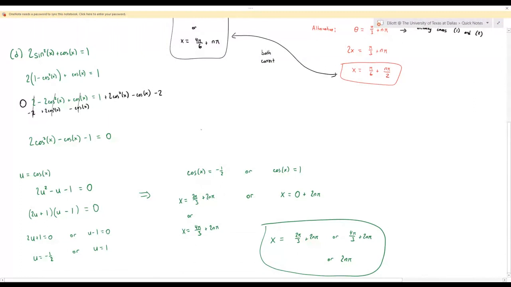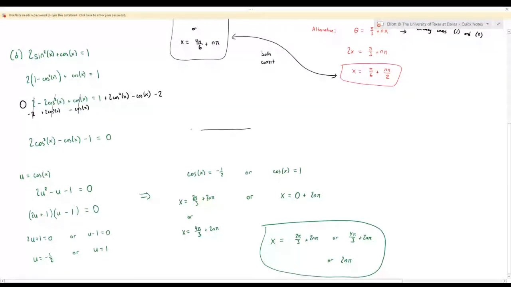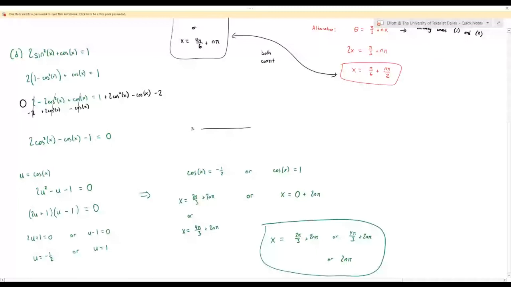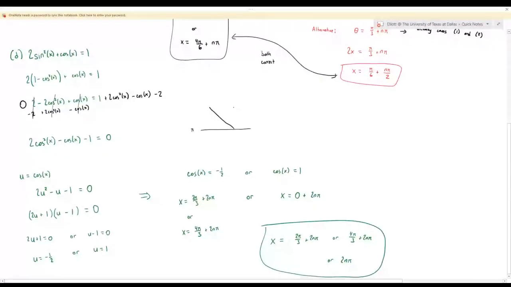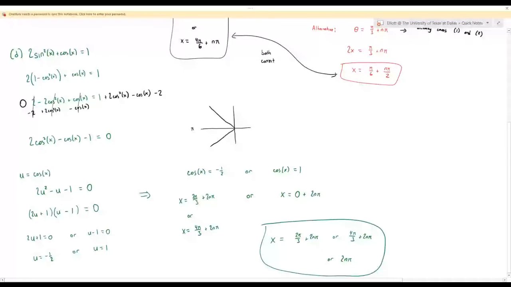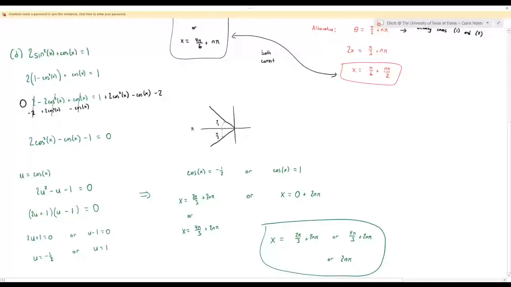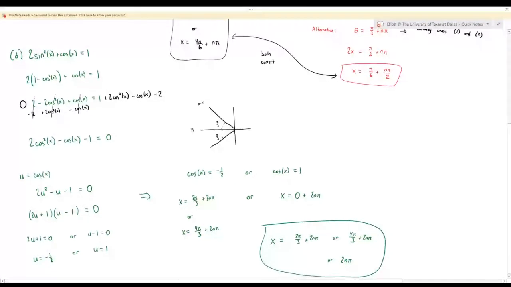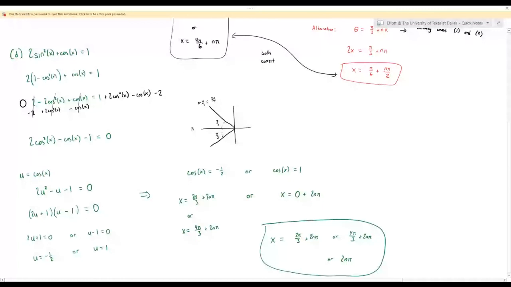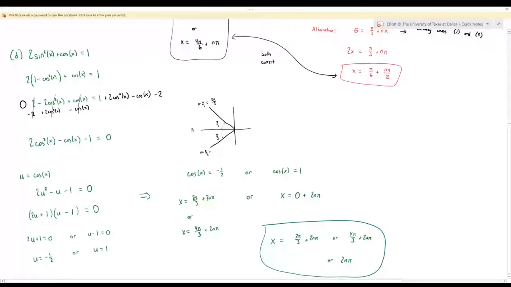So what I was thinking is if I take pi and subtract and add pi over 3, that should give me the angles that I'm looking for in the second and the third quadrant. So I did pi minus pi over 3 to get the 2 pi over 3. And I also did pi plus pi over 3 to get the 4 pi over 3.